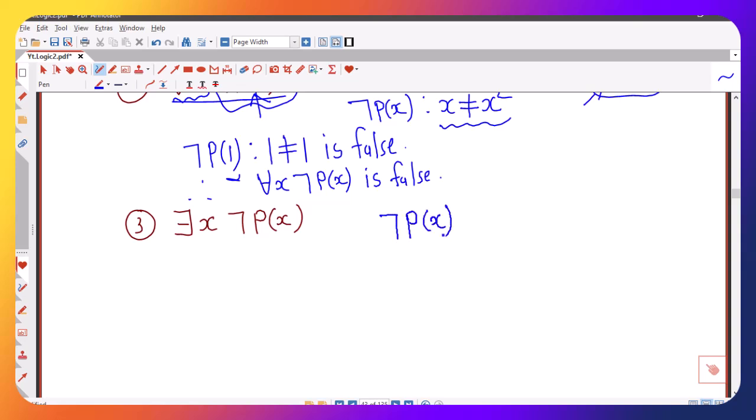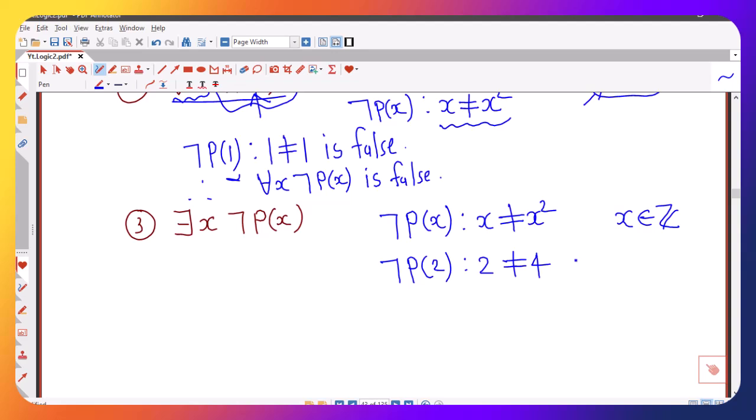Next one is there exists x such that negation of p(x). Negation of p(x) now is x is not equal to x square, and we have existential quantification. So we have to determine at least one value of x in the set of integers for which this is correct. So we can take x equal to 2. Suppose I take x equal to 2, I will have 2 here, and here 2 square, that is 4.